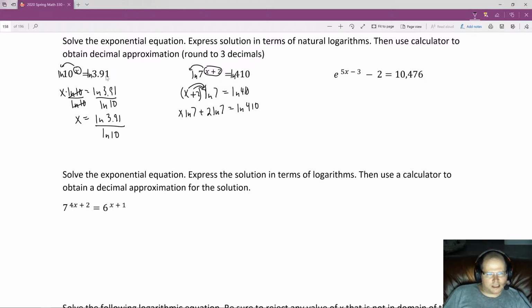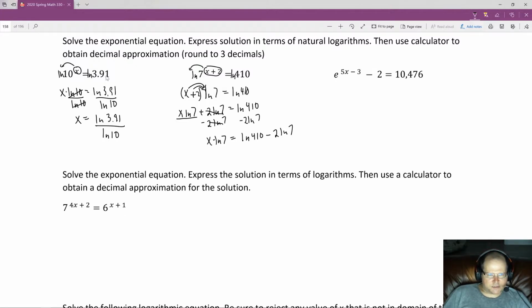Now I want to get this x by itself, but right now I'm going to get the x term, the entire x natural log of 7 by itself by undoing addition. And I undo addition by subtracting 2 natural logs of 7. Whatever I do to one side, I do to the other. These cancel out, leaving me x natural log of 7 is equal to the natural log of 410 minus 2 natural log of 7.